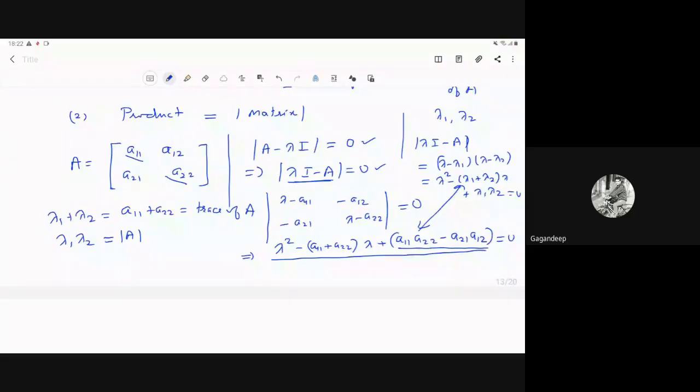But this gives us further, very useful information. If determinant of A is 0, suppose, then at least one of the eigenvalues would be 0. Am I right? If determinant of A is 0, then at least one eigenvalue must be 0, because the product can be 0 only when one of the eigenvalues is 0 or more than one.